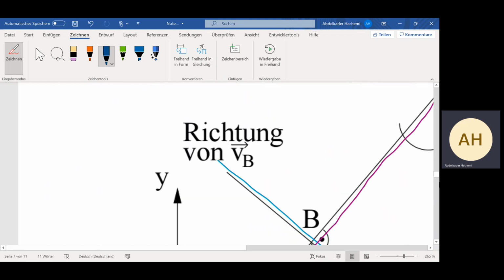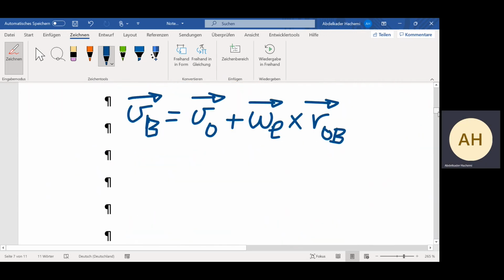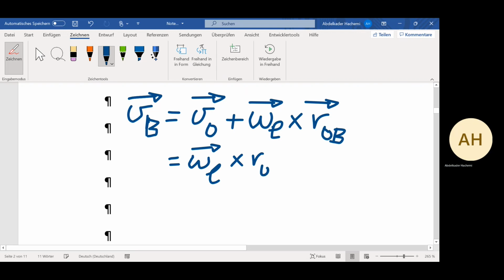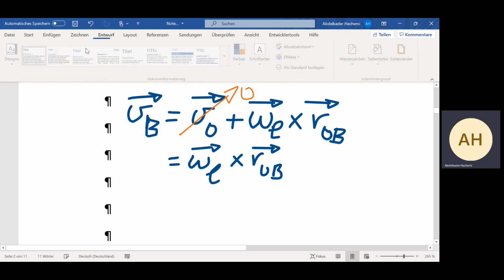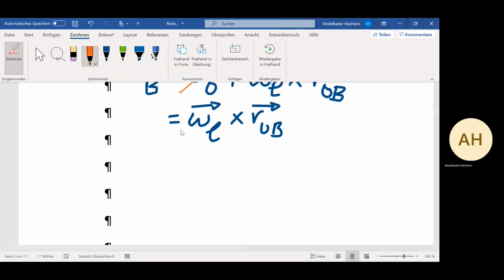VO is equal to 0, then there will be only omega L cross ROB. Omega L, of course, is taken positive.